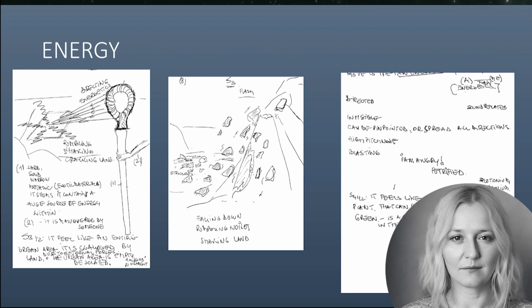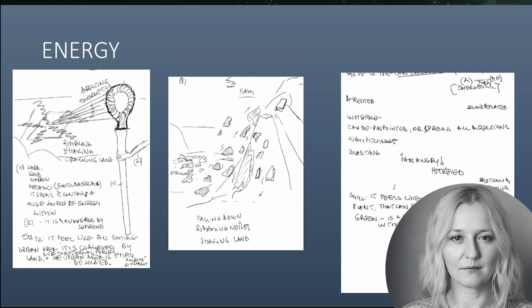Therefore, I drew that kind of hands attaching to that. The energetics were directed with a rumbling, shaking, crackling noise and land after the energetics were acting. It was maneuvered by someone. It feels like an entire urban area is swallowed by a land nearby.